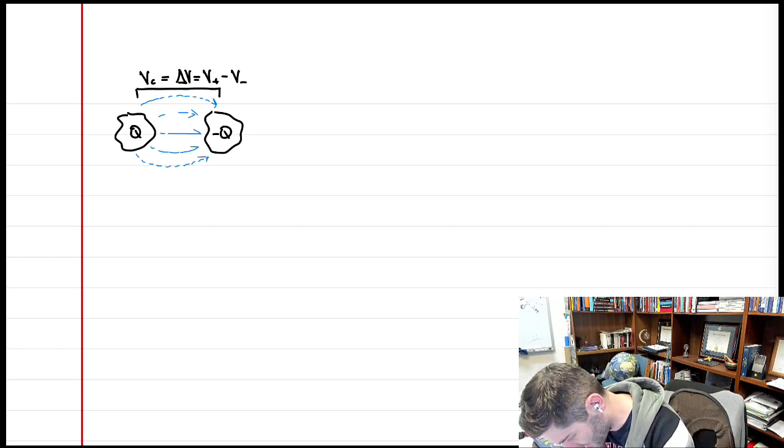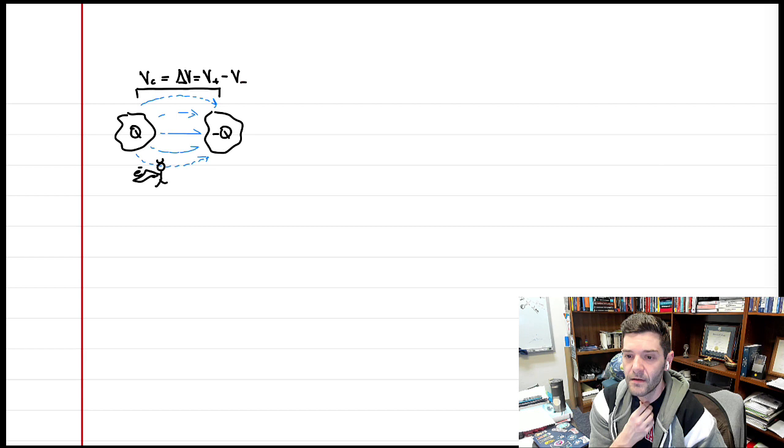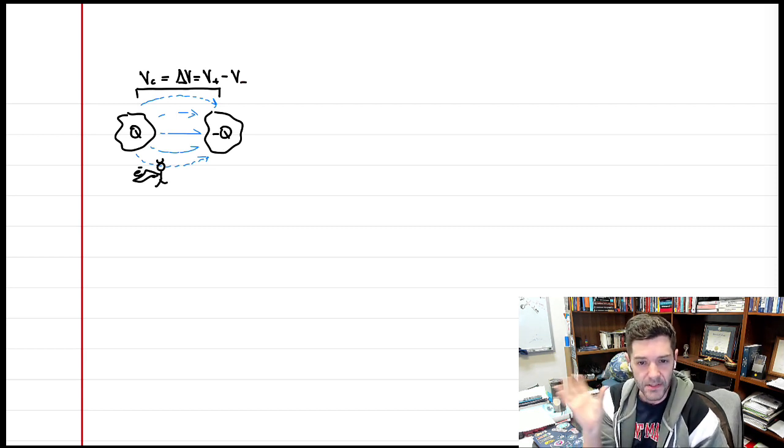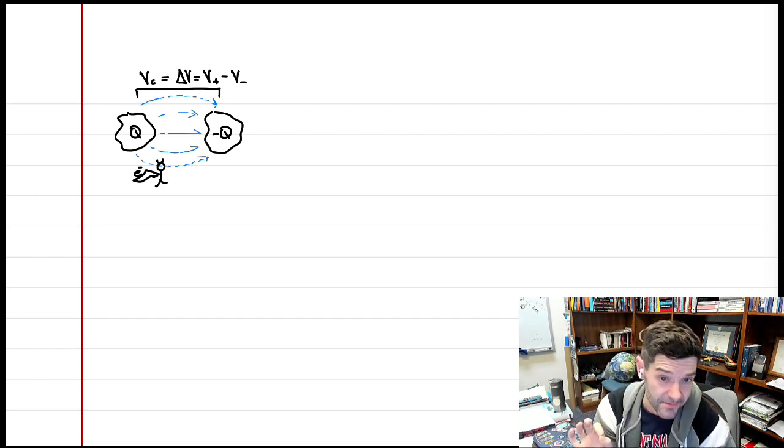Now let's go back to our demon. Our demon again, with his bag where he's stealing electrons and moving them over. How much work does the demon have to do every time it moves a little bit of charge? You can imagine at first he probably doesn't have to do that much work.